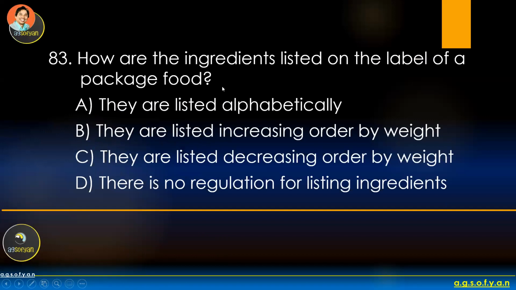How are the ingredients listed on the label of packaged food? A, B, C, or D? They are listed in alphabetical order. It is actually not. They are listed in increasing order by weight, they are listed in decreasing order by weight, or there are no regulations.